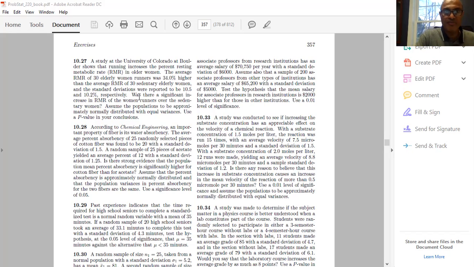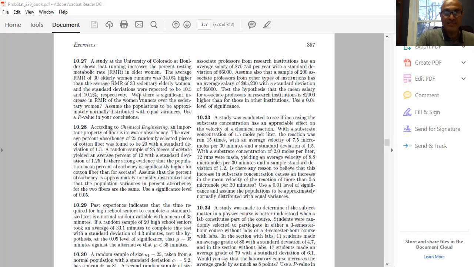The average RMR of 30 elderly women runners was 34 higher than the average RMR of 30 sedentary elderly women, right? See, two groups. The standard deviations were reported to be 10.5 and 10.2.